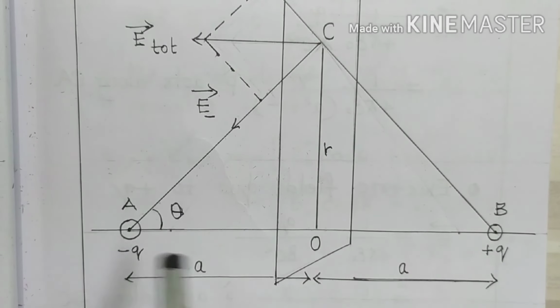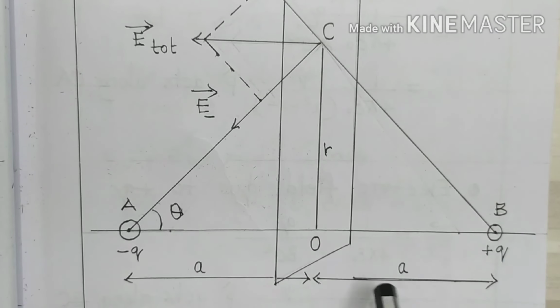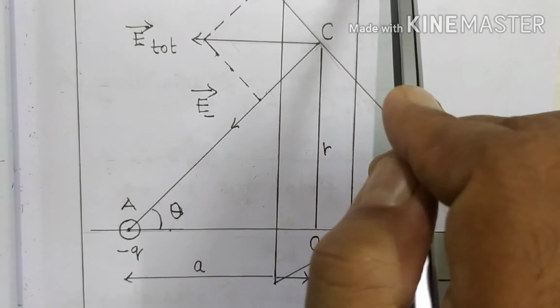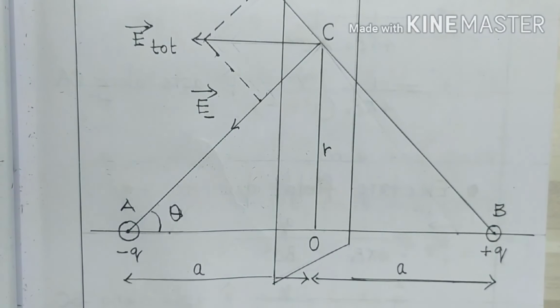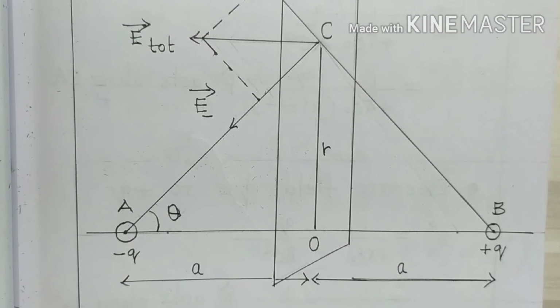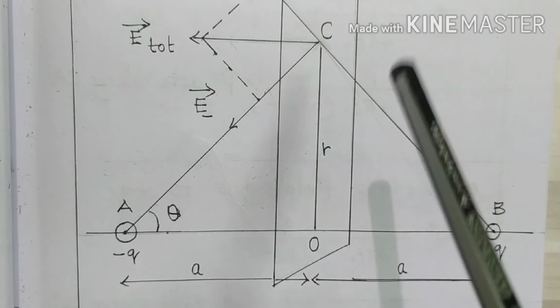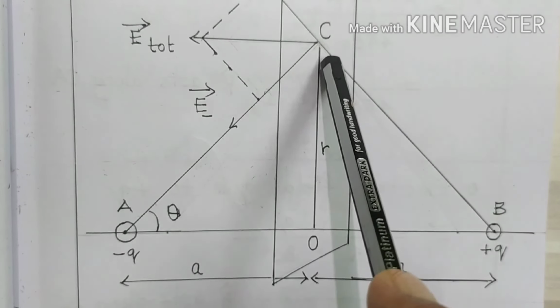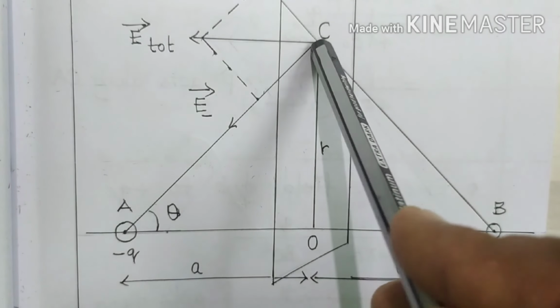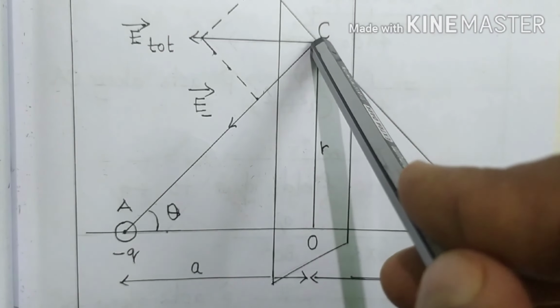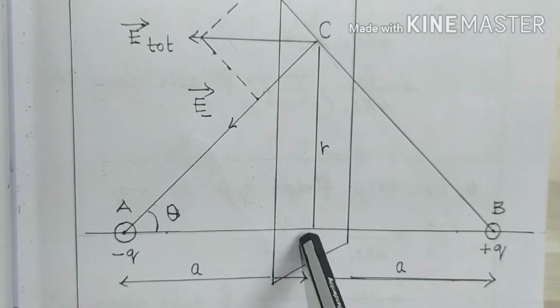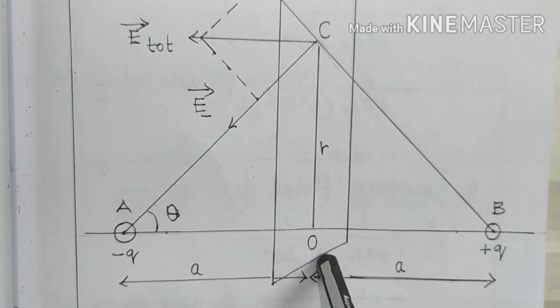So A to O, the distance is A, and O to B, the distance is A. Now, this is the equatorial plane of this dipole. So, in this equatorial plane, we have taken the point C. At this point only, we are going to calculate the electric field. C is located at a distance of R from O.